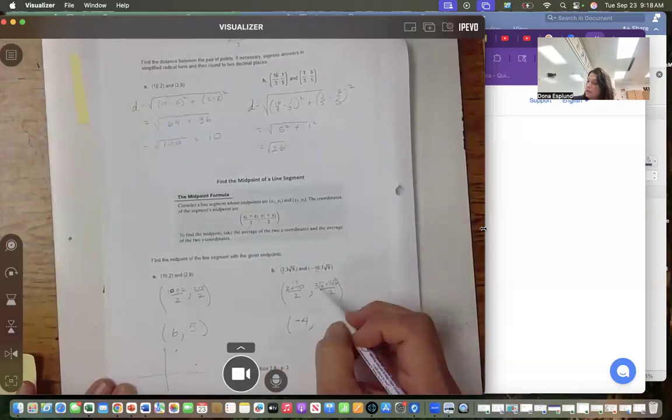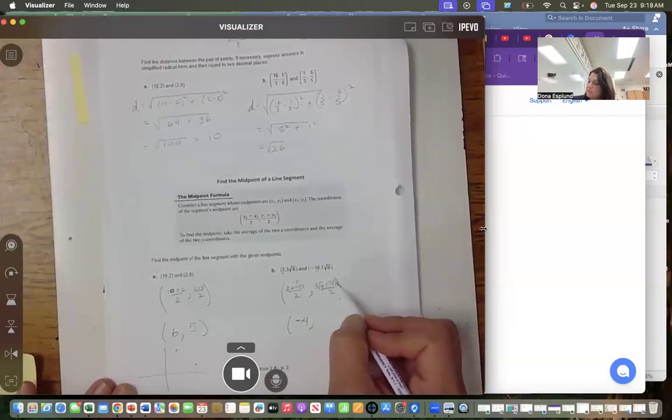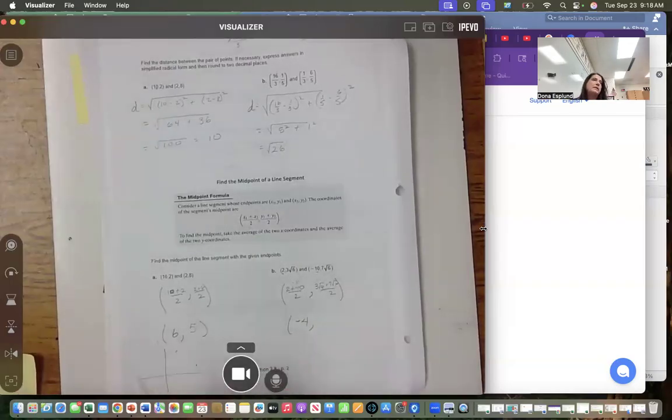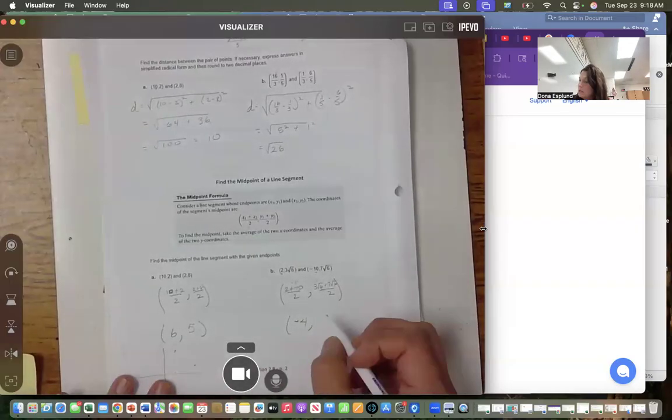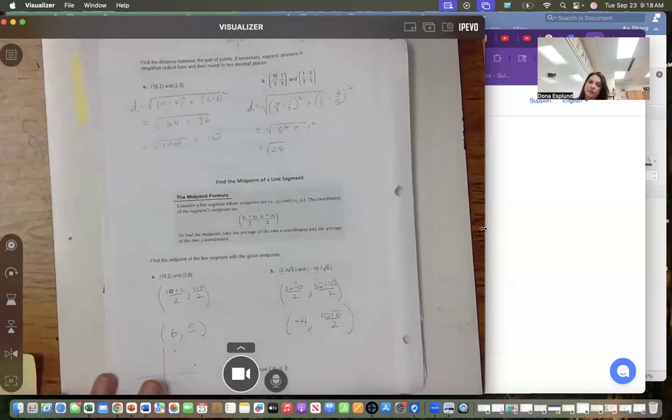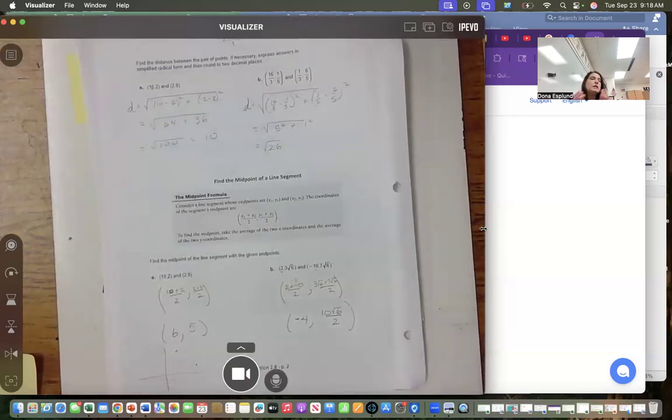Then on the next one, I'm going to do 3 square root of 6 plus 7 square root of 6. Remember, because they're both the square root of 6, I add the coefficients in front. So that is 10 square root of 6 divided by 2. And I want you to be real careful on this one. Remember, you can simplify everything outside of the radical.